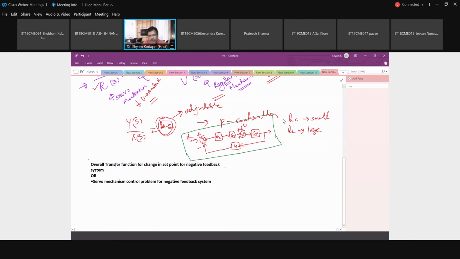ये मेरा ब्लॉक डायग्राम है, and what is my aim? My aim of this is overall transfer function, okay, ये C है, ये B रहेगा, ये R है। The overall transfer function was change in the set point, set point क्या रिप्रेजेंट कर रहा है? Set point का क्या वेरिएबल है? What is the nomenclature of set point? Which particular alphabet we are using for set point?